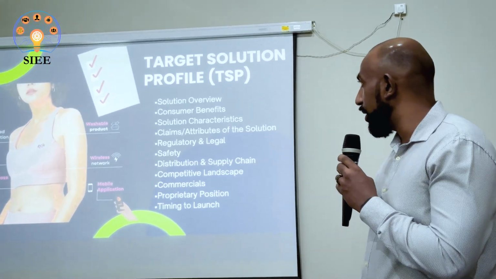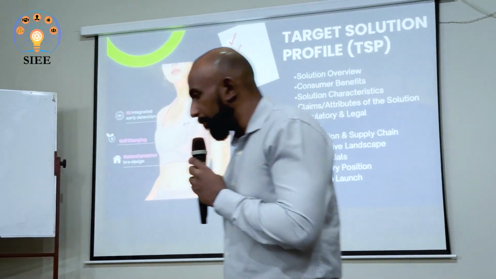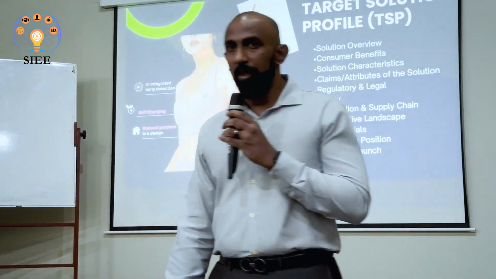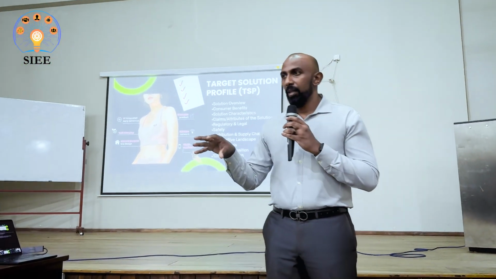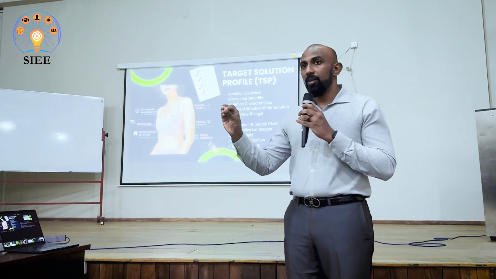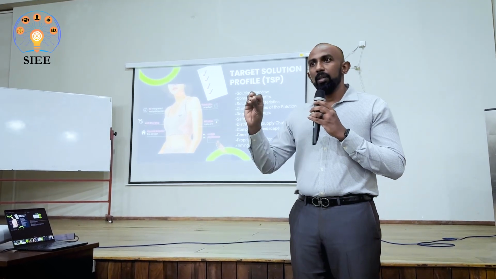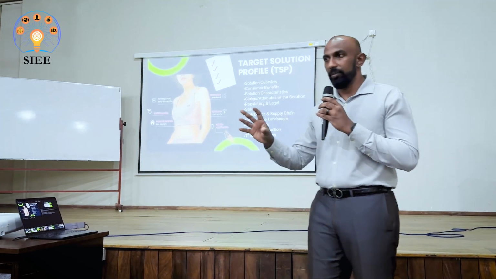Now there are a few things surrounding it: AI integrated early detection, self-charging, wireless network, mobile application, washable product. So you can see there are a few features. These features are what we call value propositions, or solution profile, or technical jobs to be done, right?